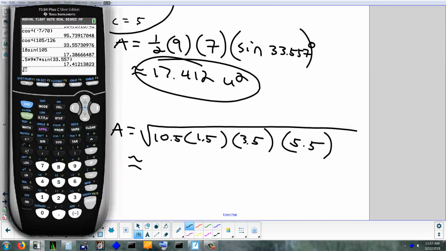So square root of 10.5 times 1.5 times 3.5 times 5.5. I get exactly the same answer. Now mine's a little different because remember the angle we used, 33.557, was rounded. But it's basically the same answer, 17.412.